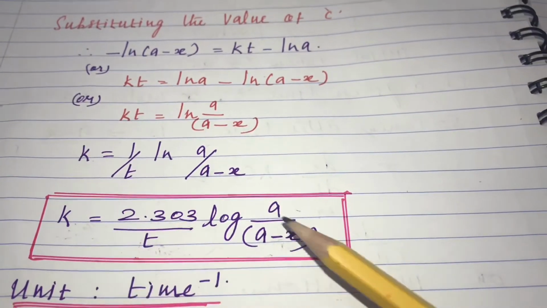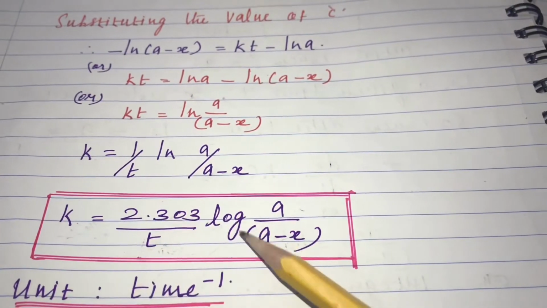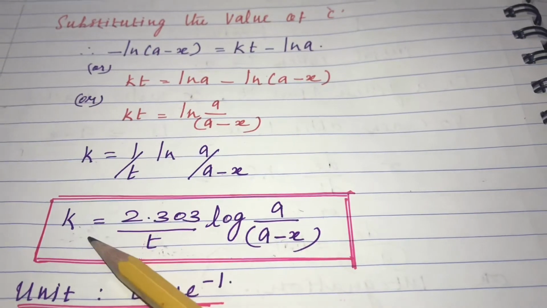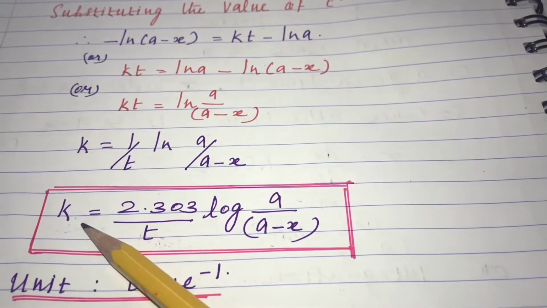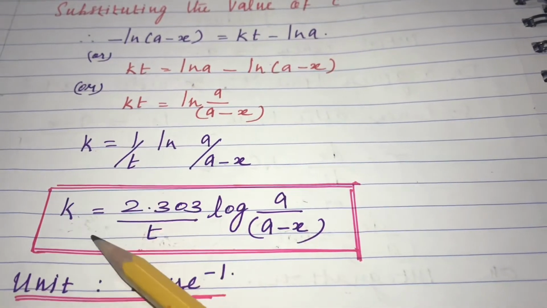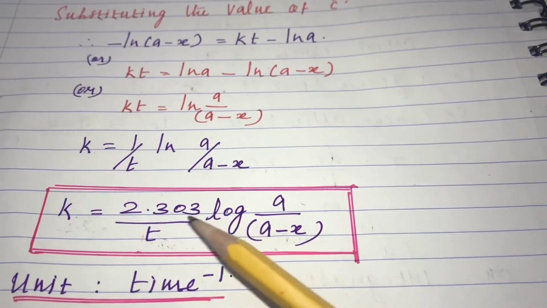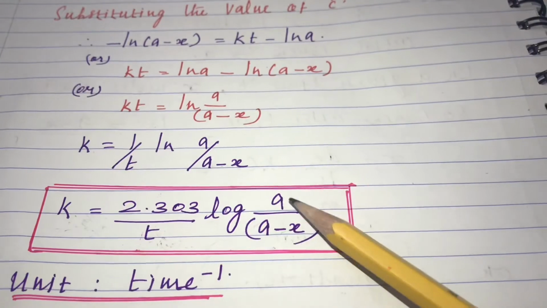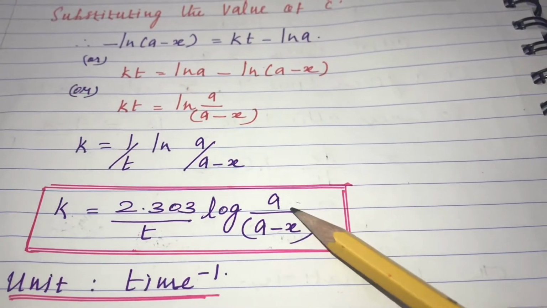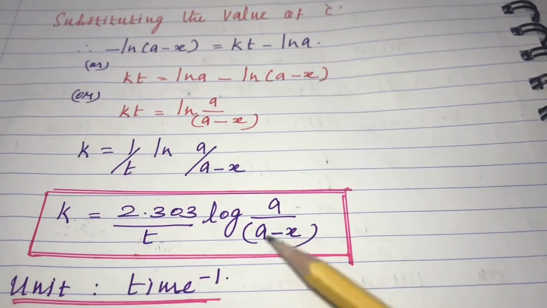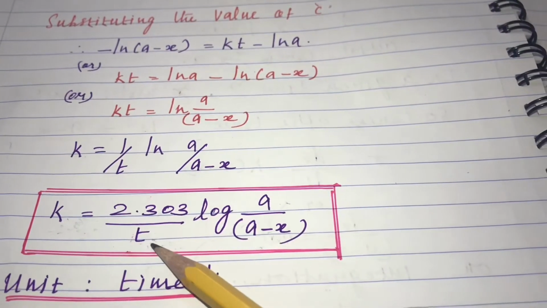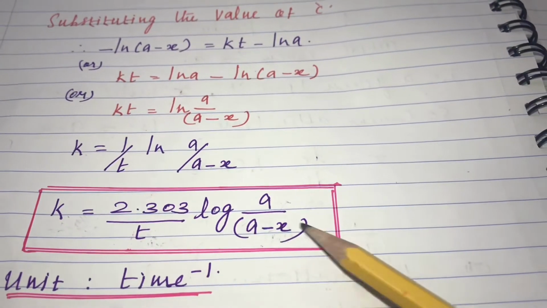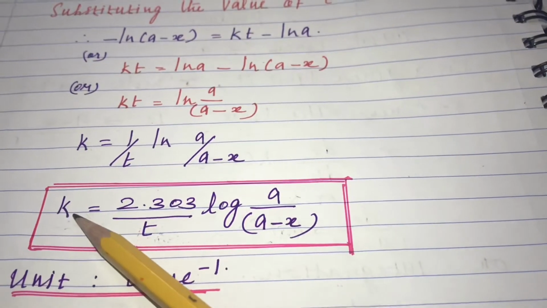Like that, the average rate constant of a reaction can also be calculated using this equation. So, the rate constant for a first order reaction is K equals 2.303 by t log of a divided by (a minus x). a is the initial concentration, x is the concentration reacted at a given time t, and a minus x is the concentration at time t.